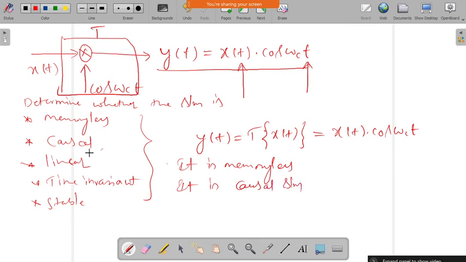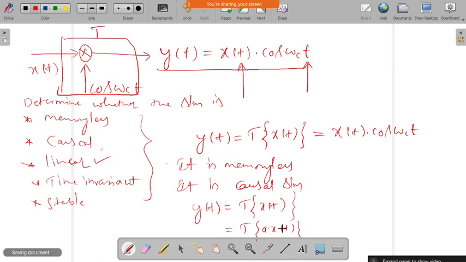Now coming to linearity, we need to check both the additivity property as well as the homogeneity or scaling property. Now let us take y of t equals T of x of t, and I will scale this input, that is T of a into x of t.